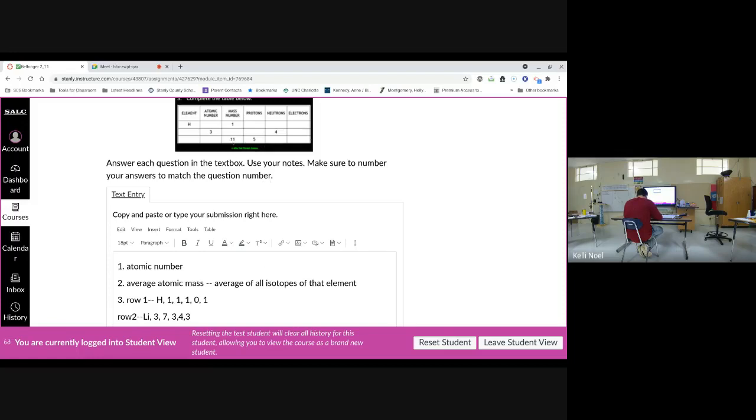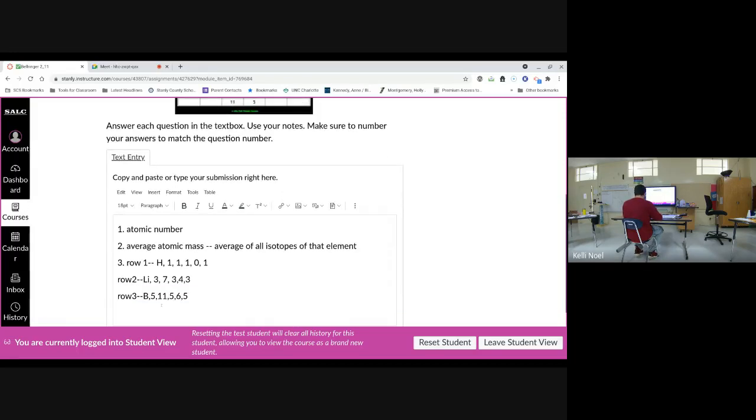The last column here, we're given mass number and protons. Protons we know is atomic number, so number 5 on the periodic table is what? Boron, so you're going to put row 3 hyphen B, 5, 11, 5, 11 minus 5 is 6, and then 5. So B, comma 5, comma 11, comma 5, comma 6, comma 5. And then you'll submit.